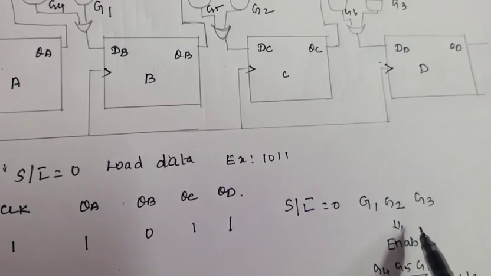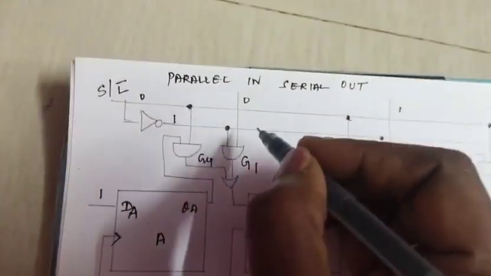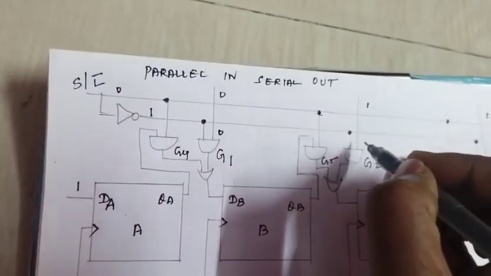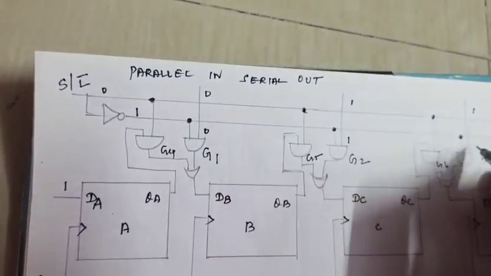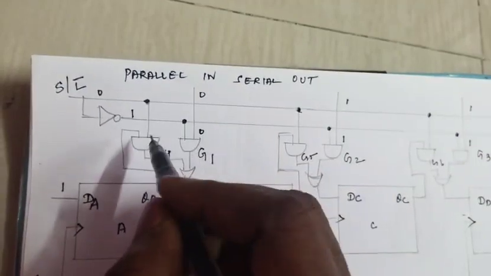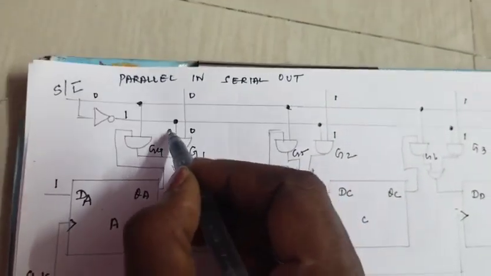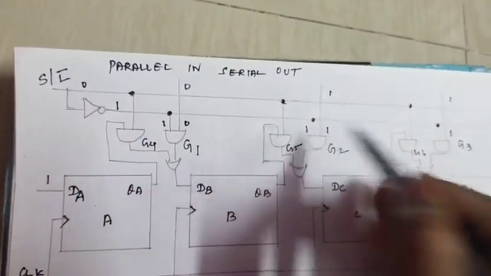Consider this as 0, this as 1, this as 1, right? So whenever this is shifted, this becomes 1, this becomes 1, this becomes 1. This is for loading the data. Now we are going to see the shifting of the data.